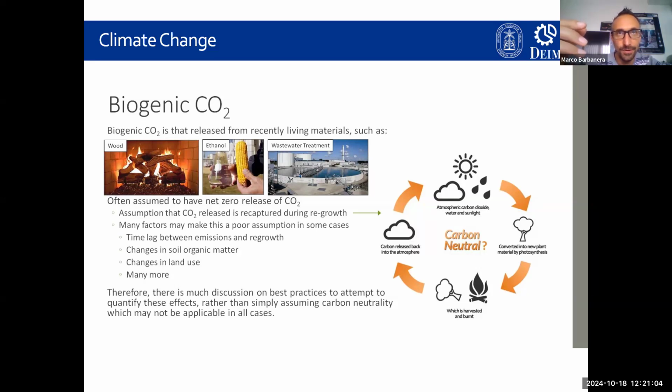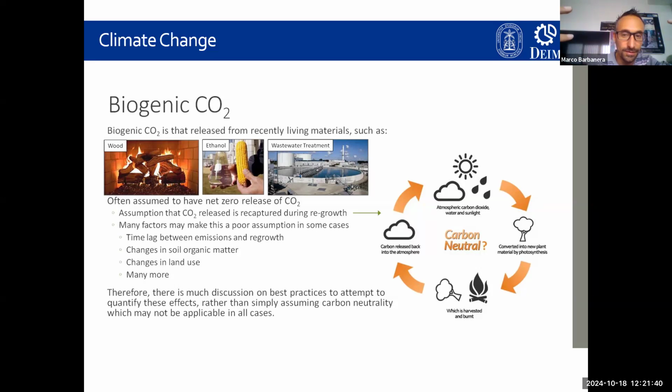For example, if we consider wood combustion, the amount of CO2 from the combustion is the same as the CO2 absorbed by the plant during its life. It's important to distinguish biogenic and fossil CO2 for this reason, because in theory, biogenic greenhouse gas emissions are less important than fossil greenhouse gas emissions.